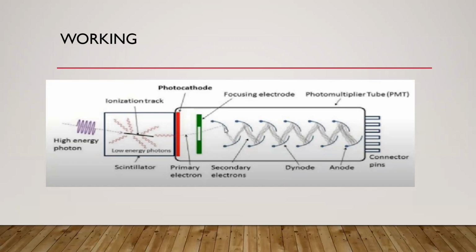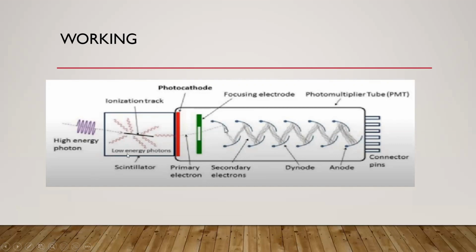When we have a radioisotope that is emitting gamma radiation, a high energy gamma radiation is emitted, and this high energy gamma radiation enters into the scintillator. So we can see that the scintillation counter has two important parts. One is the scintillator, and then we have the photomultiplier tube, and then it leads to the detector.